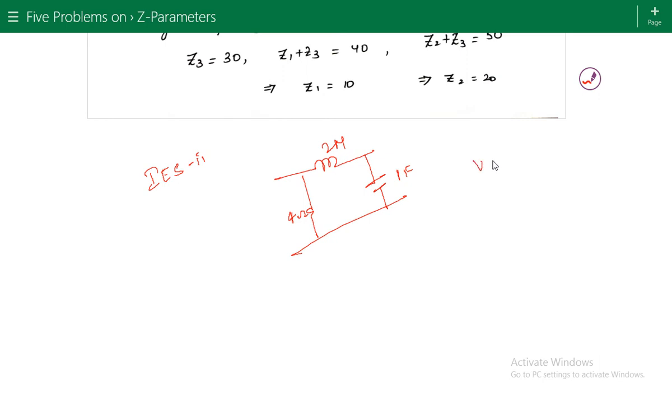Voltage transfer function means they were asking for the value of V2 divided by V1. So find this value and tell me the answer in the comment box. We will see how many of you get the correct value.